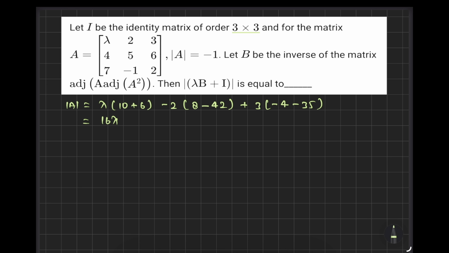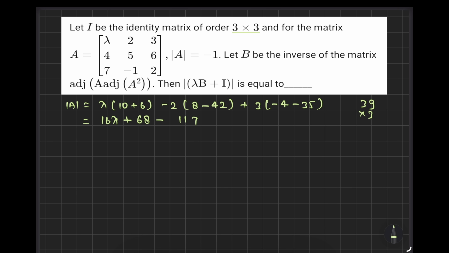So 16 lambda, minus minus will become plus, so it is 34. 34 times 2 will become 68, correct? Now this is 39. 39 times 3 is 117.